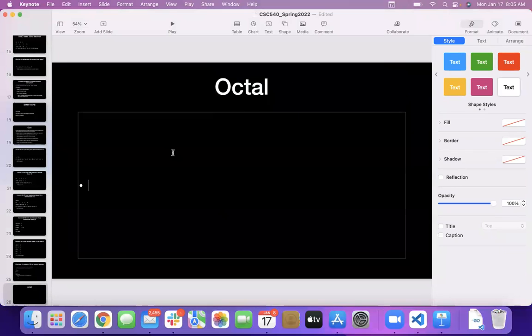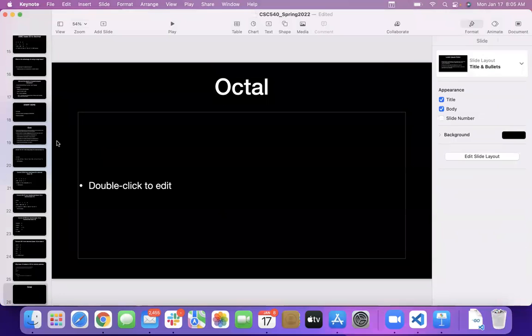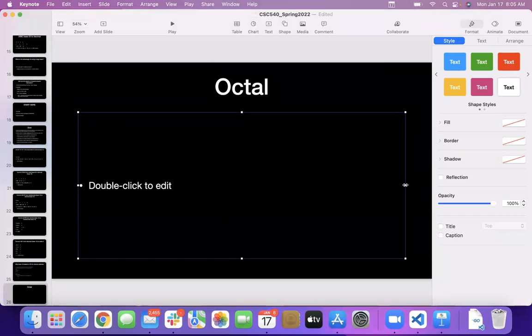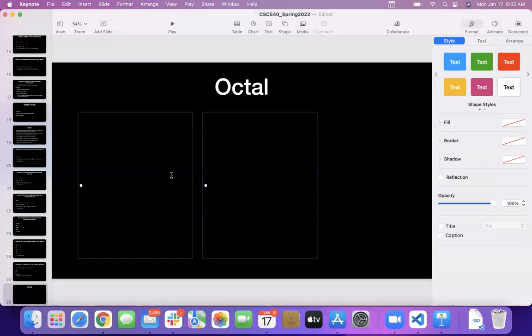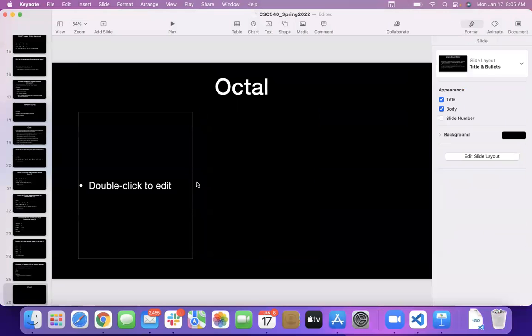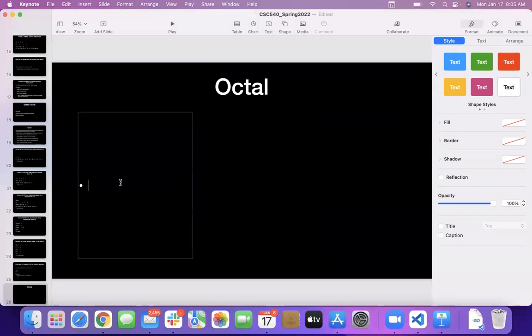So I'll say octal here. All right, so the octal numbers, we can do it just as a single thing. The legal octets, 0 through 7.